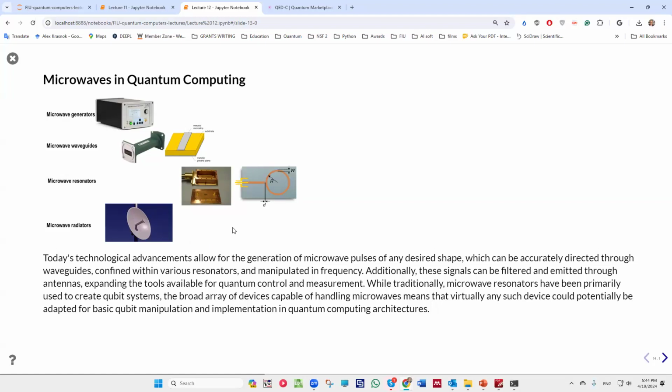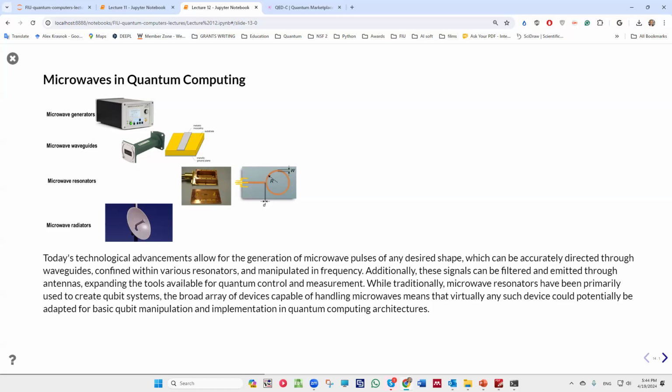So we can convert the frequencies. This area of electrical engineering is probably one of the most developed today.